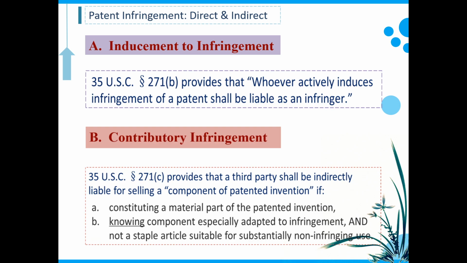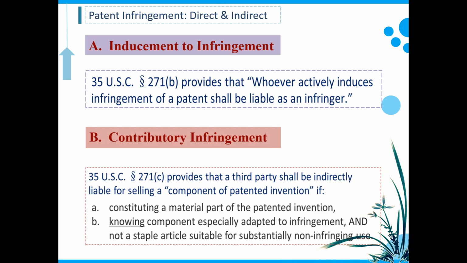For example, you knew that those factories were makers of infringing patented products, and you knew that they were short of water, which is a key raw material to make the final infringing products.